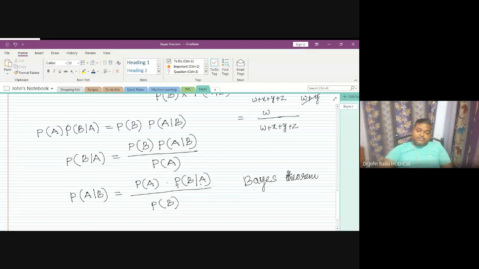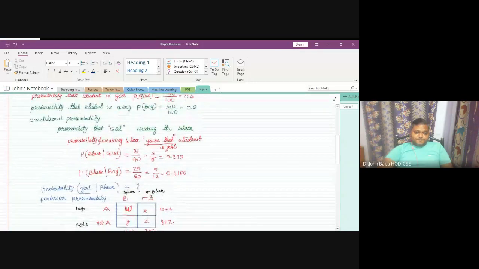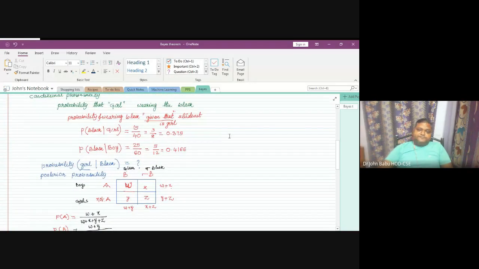So now come back to our own problem, the wearing black problem. What is the question here? The probability that it is a girl wearing the black.